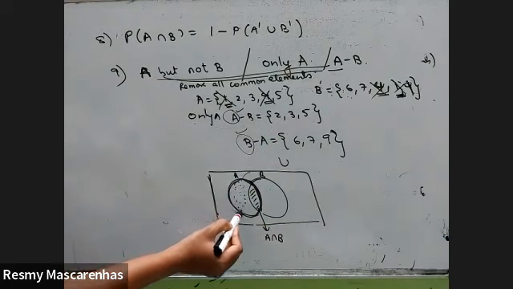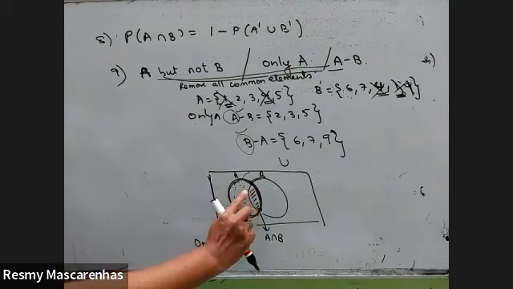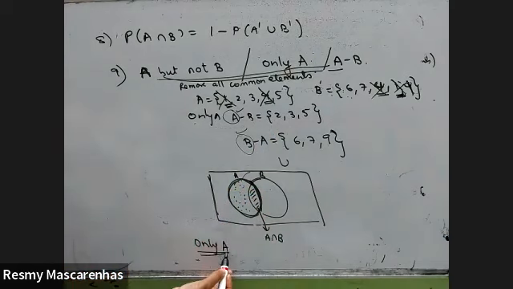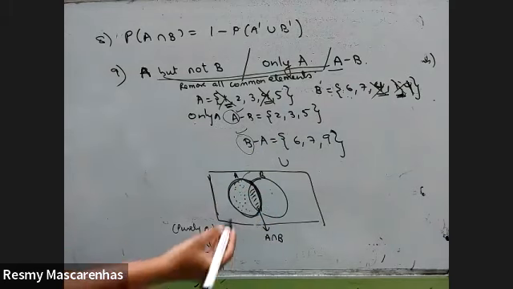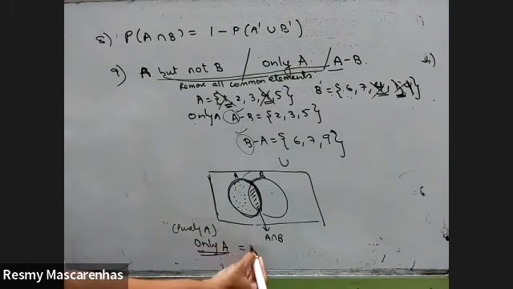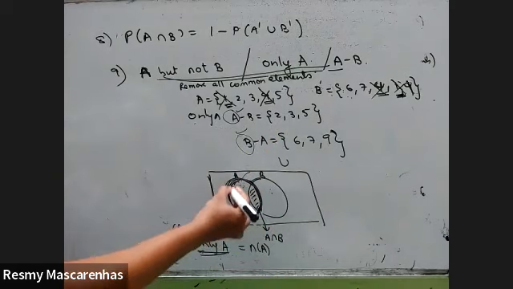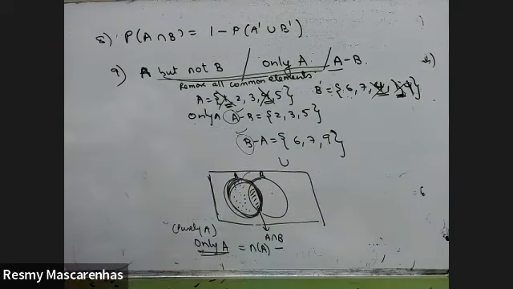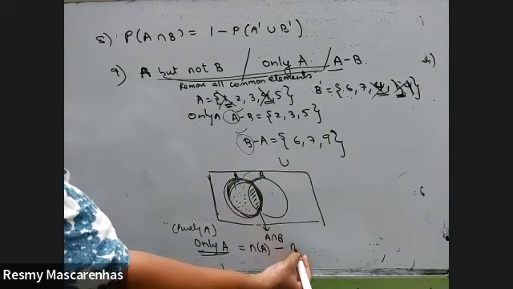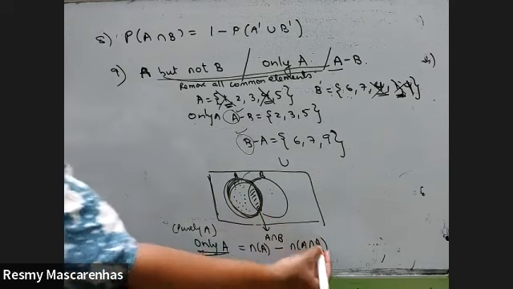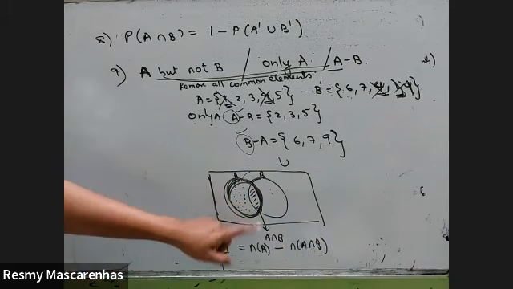This part is purely A, which does not have anything in common with B, but this region belongs to B also. So if I want only A, the formula is n of A, the total, minus this intersection, whatever is common.